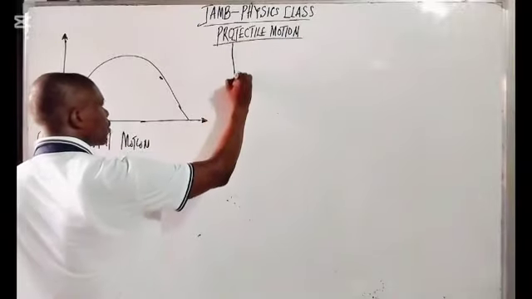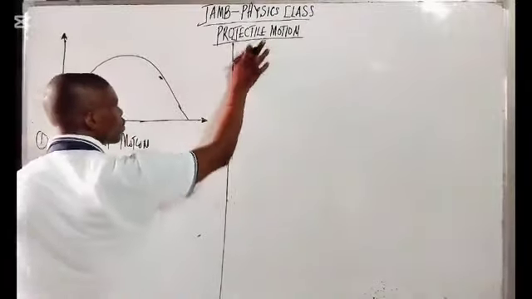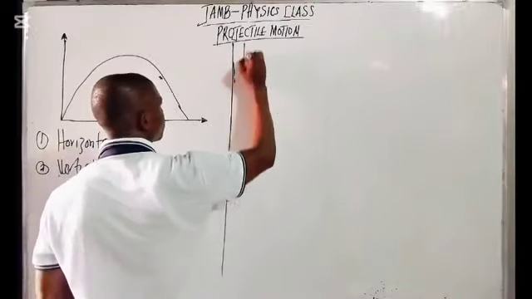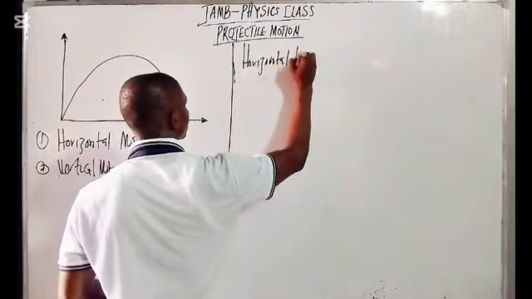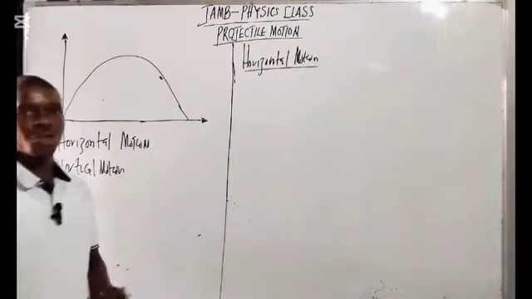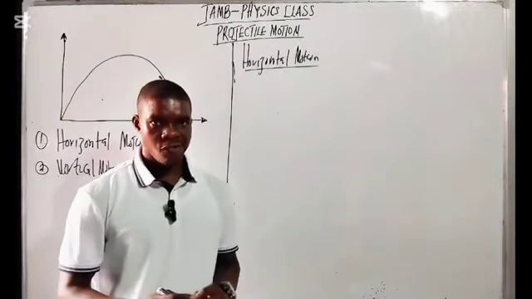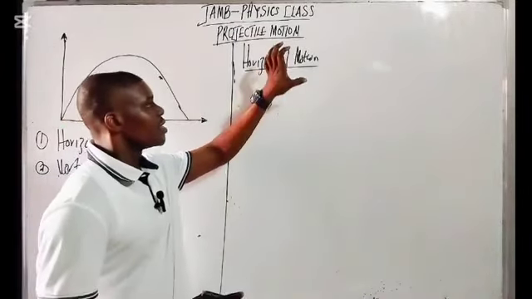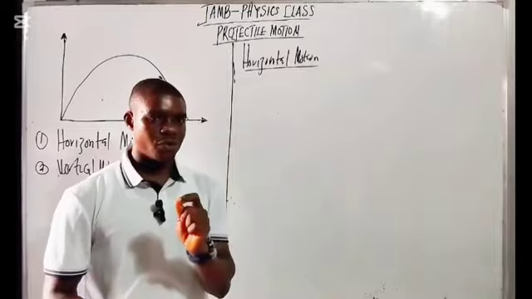So first of all, let's look at the horizontal motion. Now, in the horizontal motion, there are two things you need to understand here. There is no acceleration. So the linear acceleration is equal to 0.